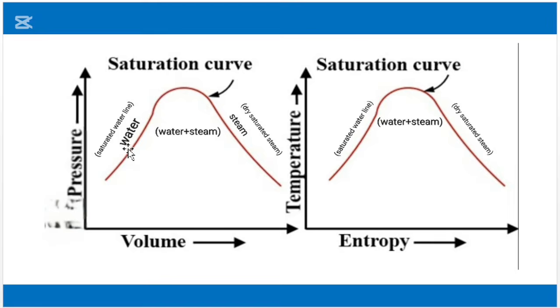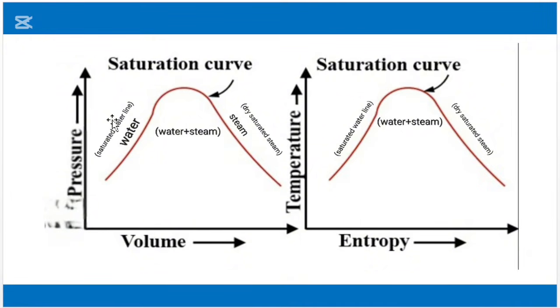On the left side of the saturation curve, you have water in the form of liquid. On the right side of the saturation curve, you have water in the form of vapor. Over the top, it is mostly vapor, but in between you have water in the form of liquid plus vapor. Vapor is the same as steam. So we are going to begin like that with the saturation curve.